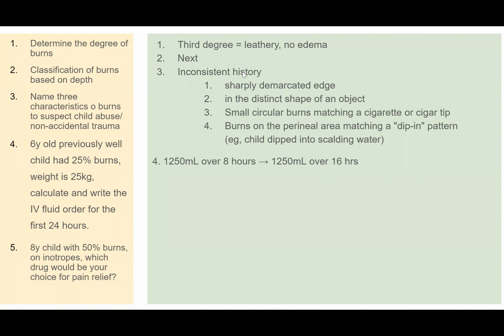Then the characteristics of the burn itself: sharply demarcated edge in a distinct shape of an object, for example, like an iron box, or small circular burns matching a cigarette or cigar tip, and burns on the perineal area matching a dip pattern. For example, the child is dipped in scalding water, or sometimes the extremities, hands and feet. If all 4 extremities are burned, it is most probably a non-accidental trauma, especially if it is sharply demarcated edge.